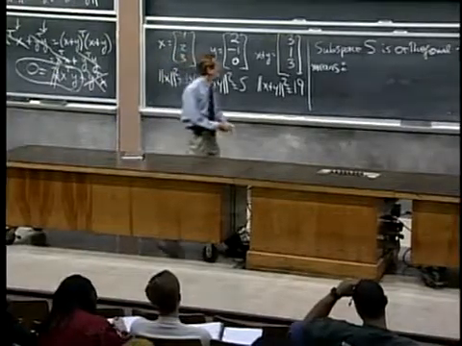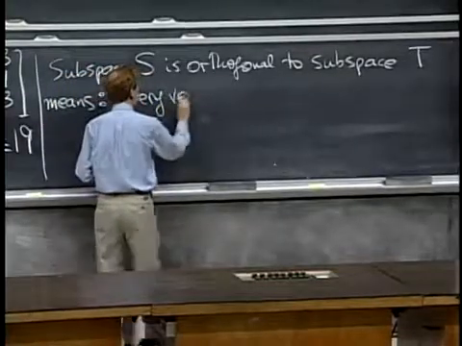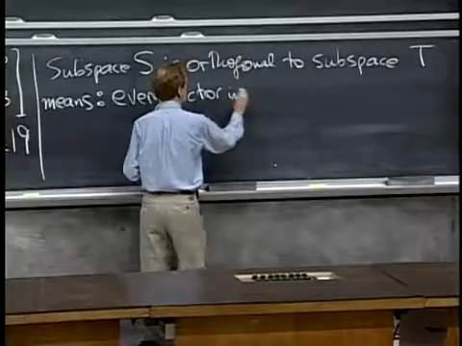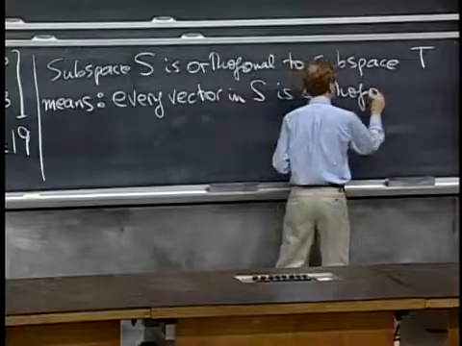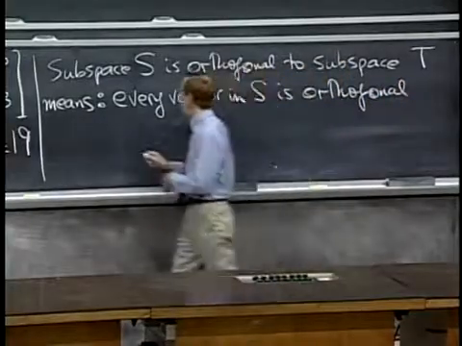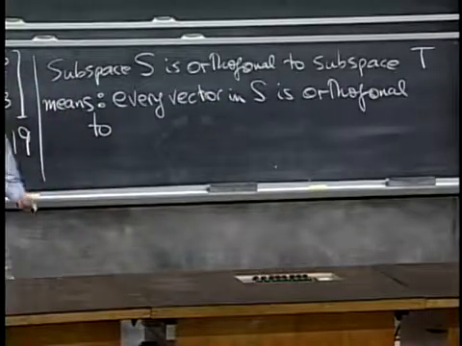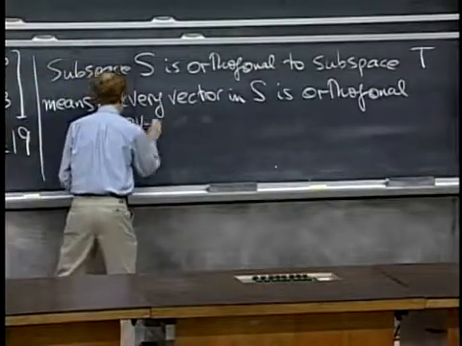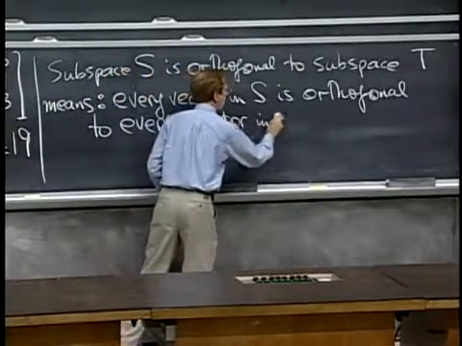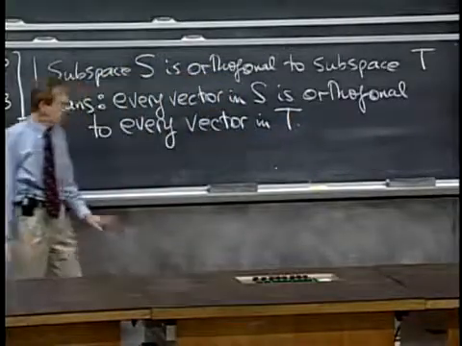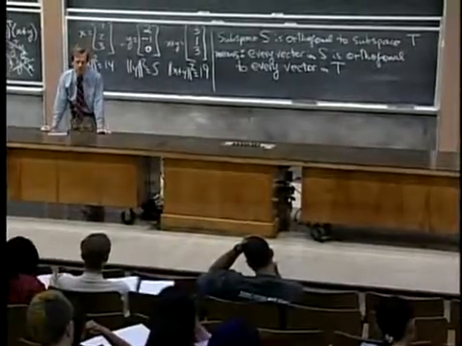It means that every vector in S is orthogonal to, what am I going to say? Every vector in T. That's a reasonable, and it's the right definition for two subspaces to be orthogonal.